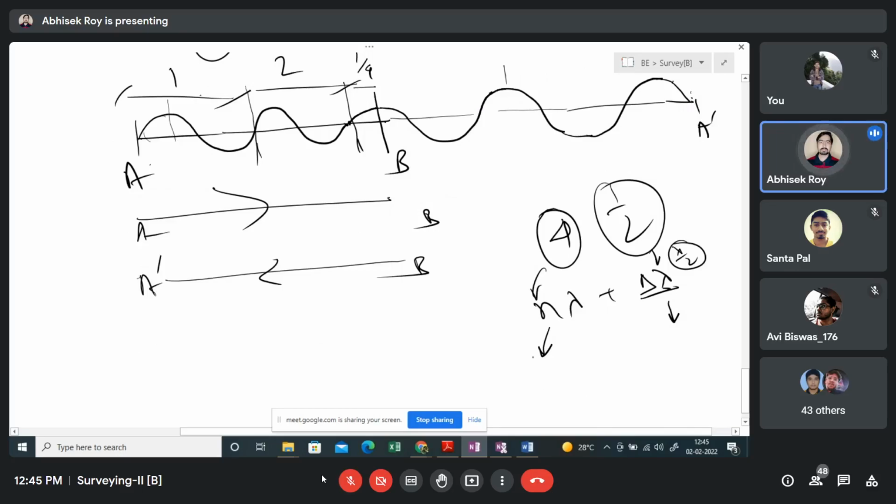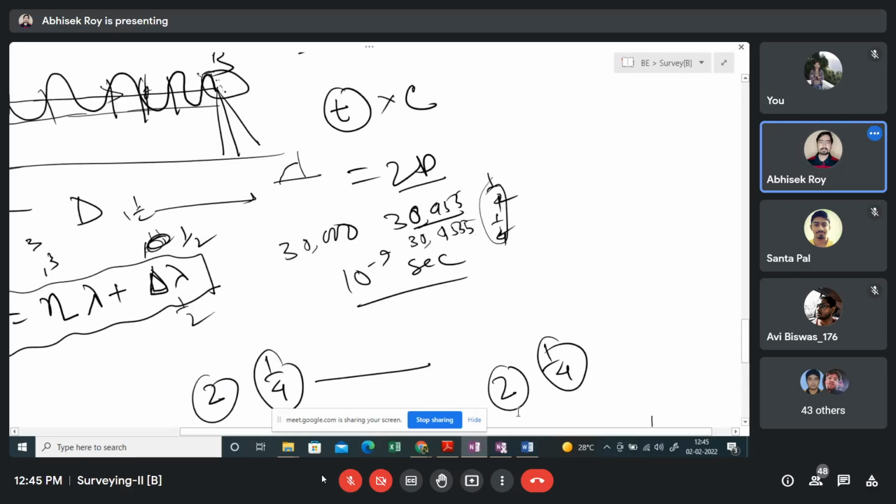How many cycles will be completed? Say 31,535 lambda. That means 31,535 cycles in total are completed, and then there is lambda by 2. That means half part of the lambda is completed, or lambda by 3 can also be there. That is called n lambda plus delta lambda. Is that clear? Yes, sir.